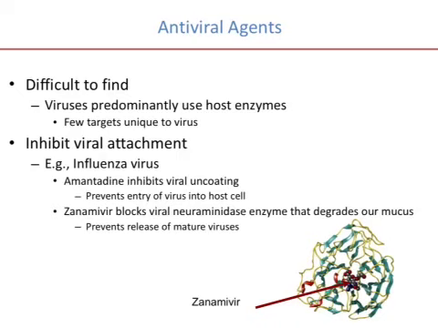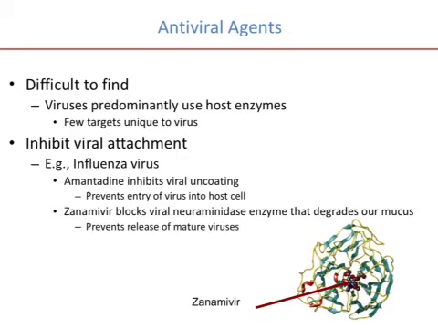The drugs that do work, the antiviral agents that do work, often inhibit viral attachment. So this is one of the areas where the first step is the virus getting into the cell. If you can prevent that initial step, even if there's exposure to the virus, you can either prevent or attenuate the virus from replicating.